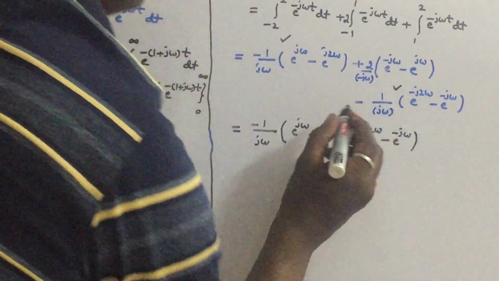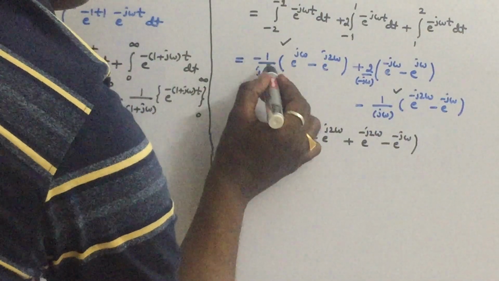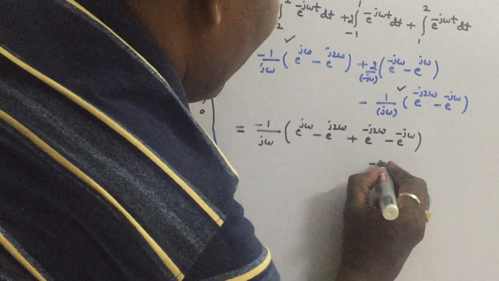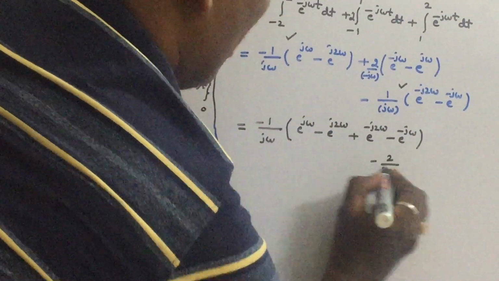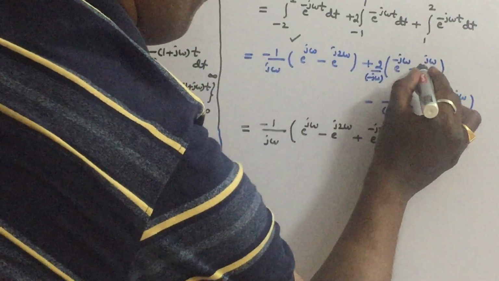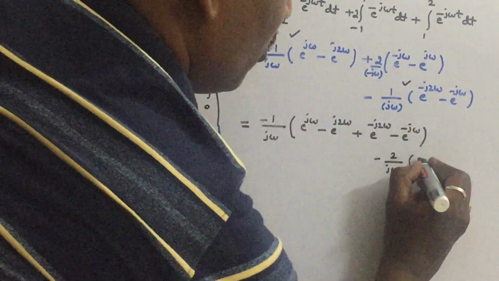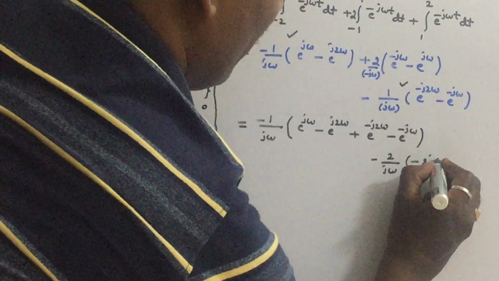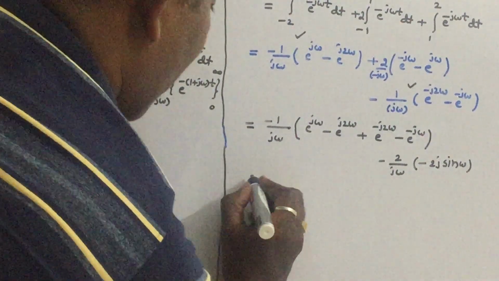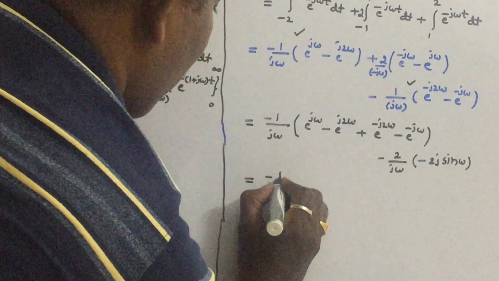In these two terms, I have taken -1 by j omega as common. So from this, -2 by j omega. What is the answer of this integral? e power minus j omega minus e power j omega, as you know from complex numbers, is minus 2j sin omega.